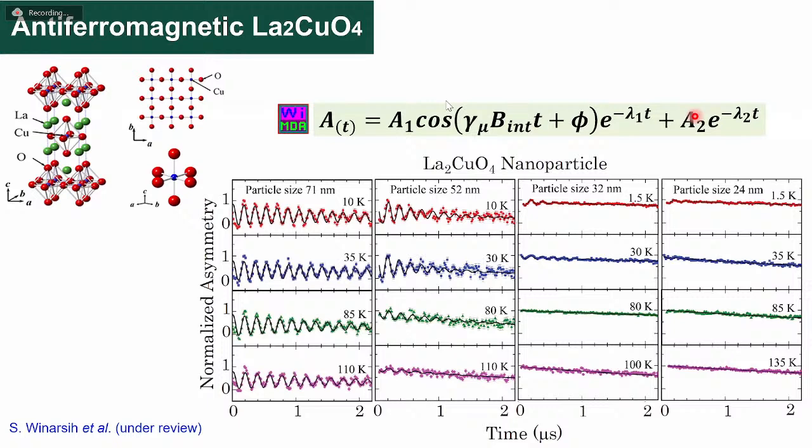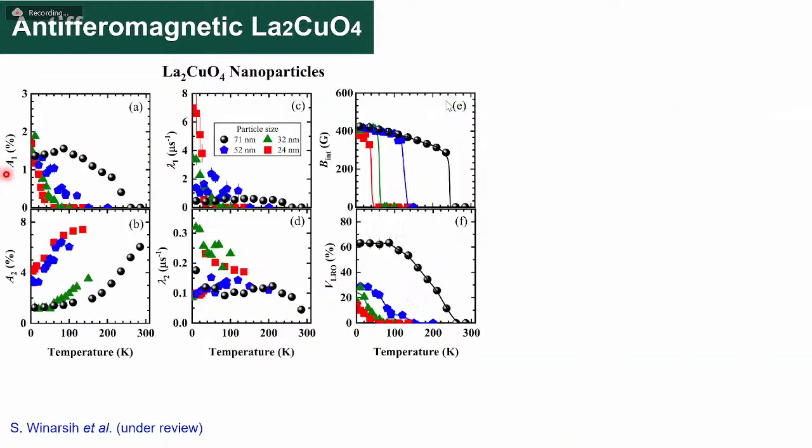From here, we can obtain A1 and A2. A1 is the amplitude for muon spin precession, and A2 is the amplitude for muon spin relaxation. From A1 and A2, we can get the volume fraction of the long range ordered region.